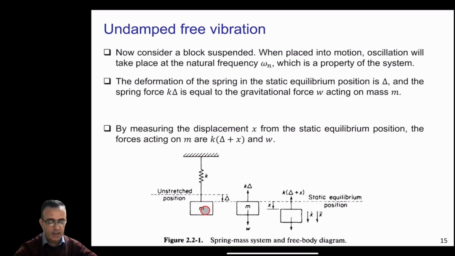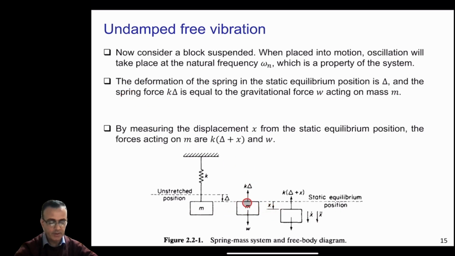If you just let it be there, it will stay there, and this is its equilibrium position. So the deformation of the spring in the static equilibrium position is delta.